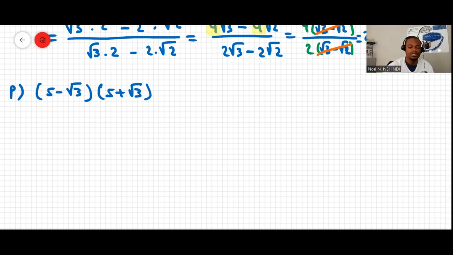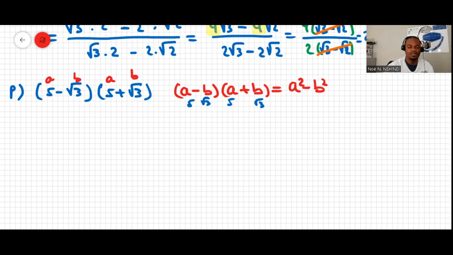Remember that we did learn that A minus B multiplied by A plus B is equal to A squared minus B squared, okay? So we can apply this property to solve this question here. Note that this is like our A and that B, and this is like A and that B. And then this is 5, that's root 3, and that makes 5 and root 3 there.